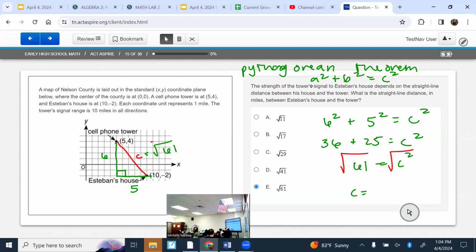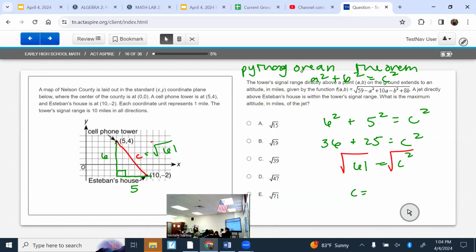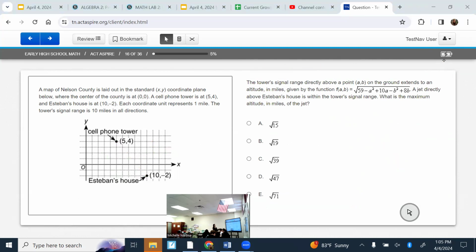16. Okay, so same situation, but different question now. Number 16. The tower's signal range directly above point AB on the ground extends to an altitude in miles given by this function.